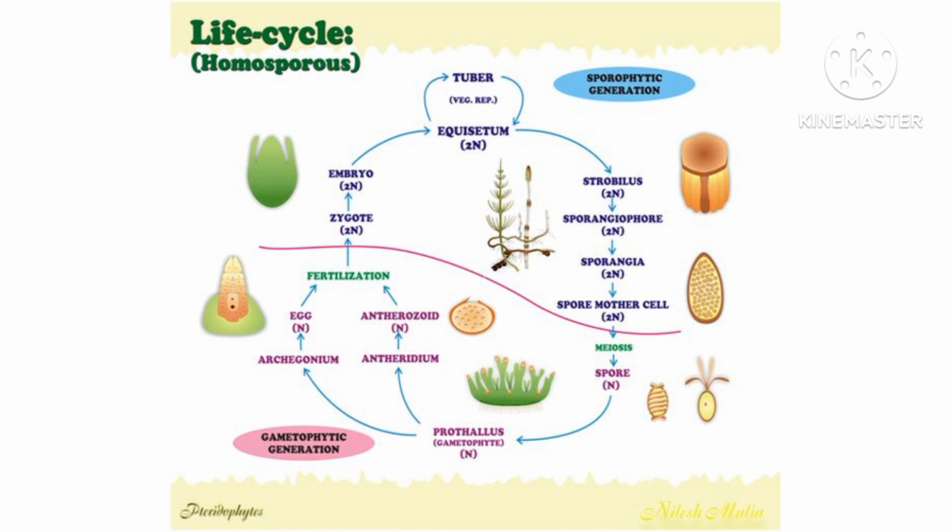The spore in favorable conditions germinates and forms the gametophyte by mitosis. There the fusion of the male sex cells and the female sex cells takes place and gives rise to the zygote, and the zygote in the resting period gives rise to the embryo by mitosis, which gives rise to the new plant body, that is Equisetum. So this is all about the pteridophytes.